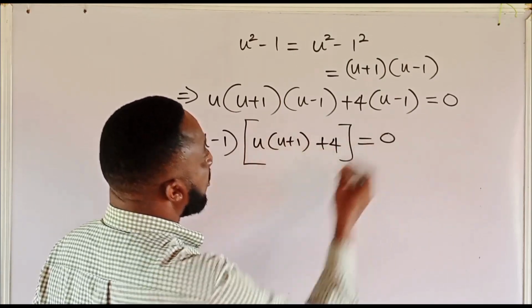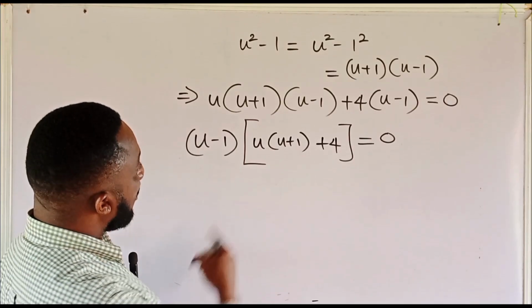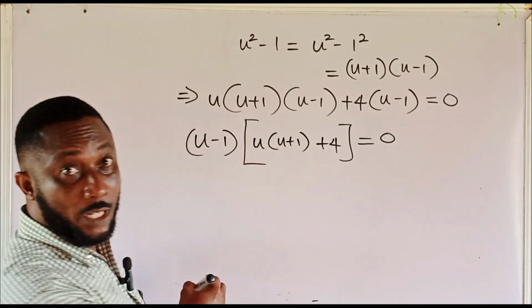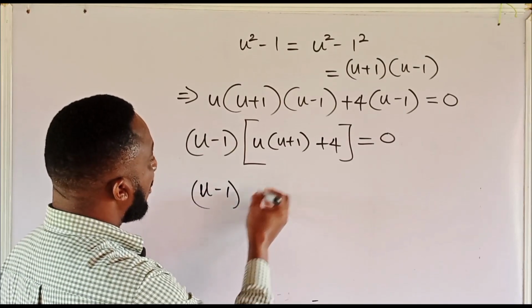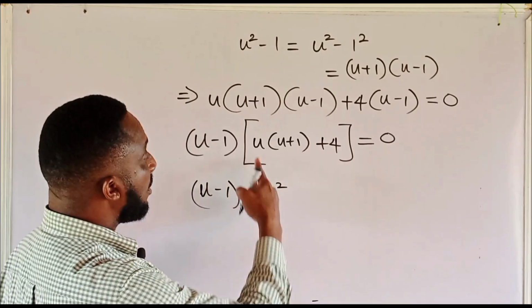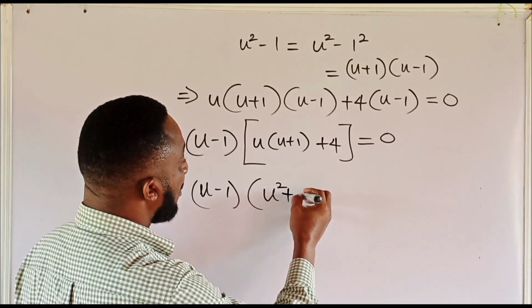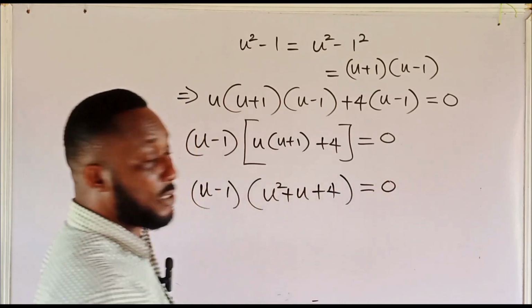So everything equal to 0. If we distribute this inner parenthesis, we shall have u minus 1 multiply u squared, u multiply 1, that's u, then plus 4, everything equal to 0.